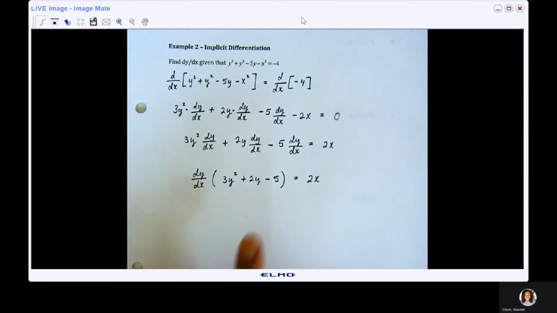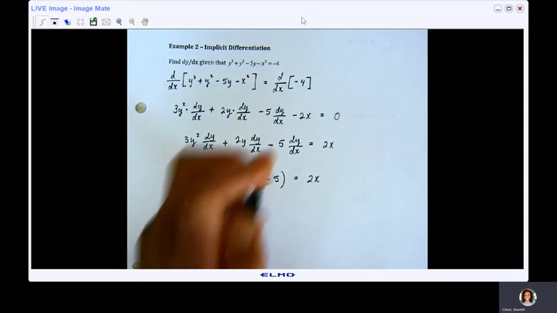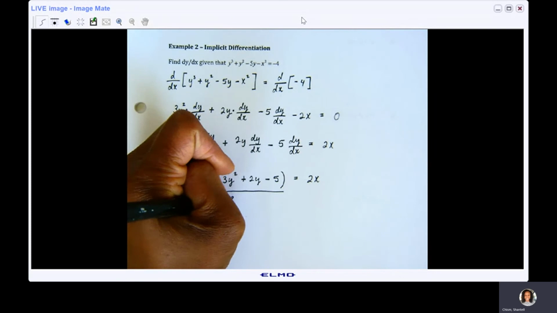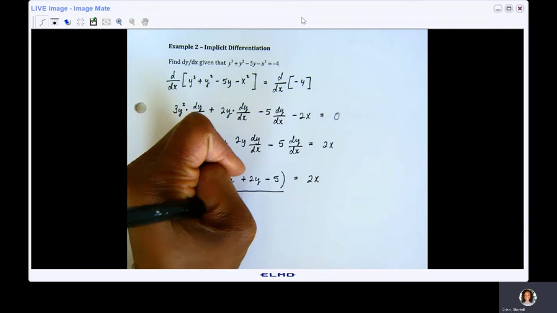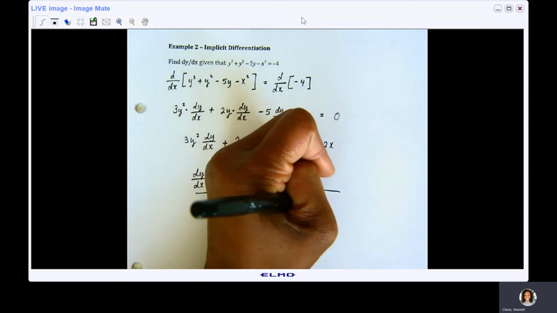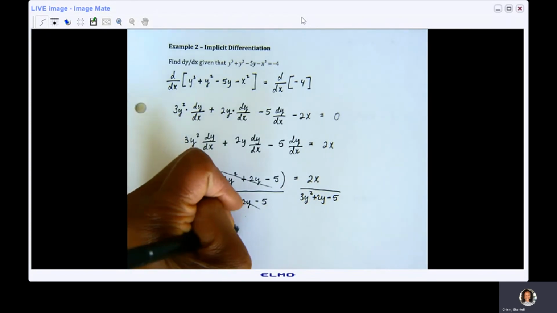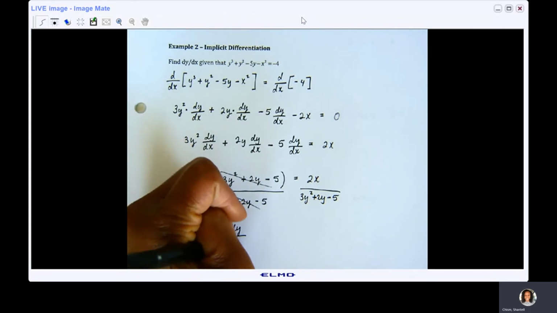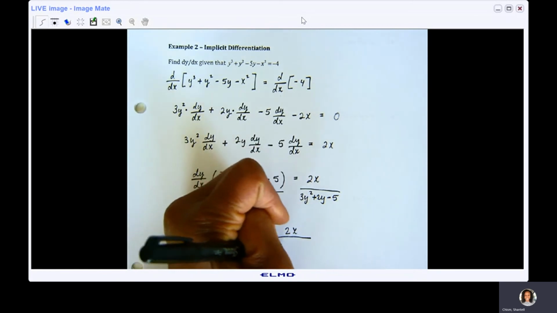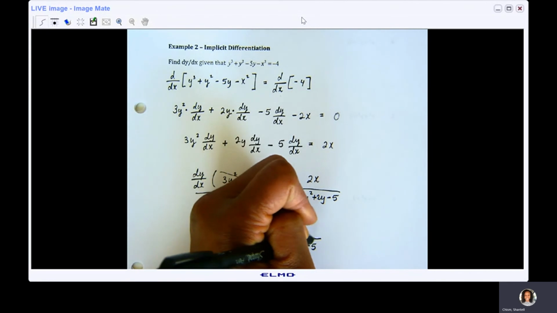Okay? My last step then is to divide out by this whole expression so that I have dy over dx by itself. And of course, whatever I do to one side of the equation, I must do to the other. So dy over dx equals 2x over 3y squared plus 2y minus 5.